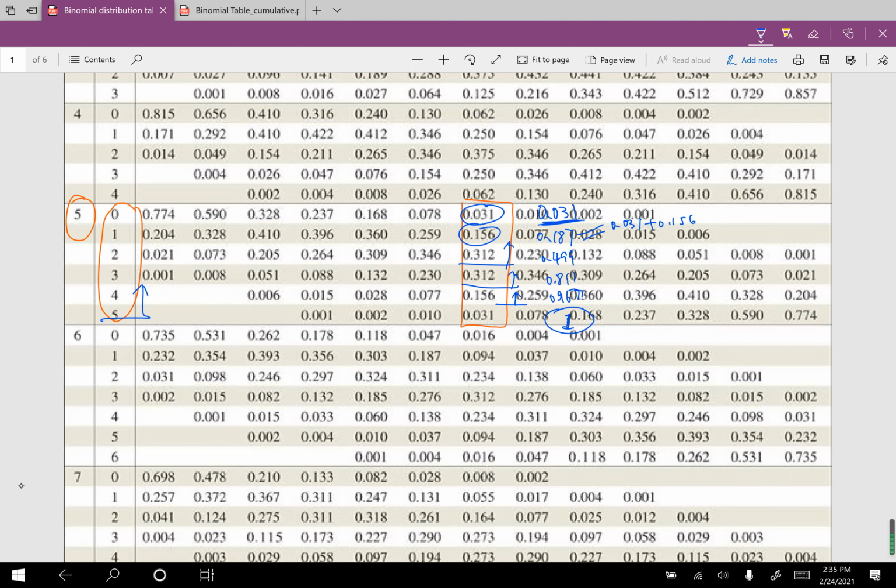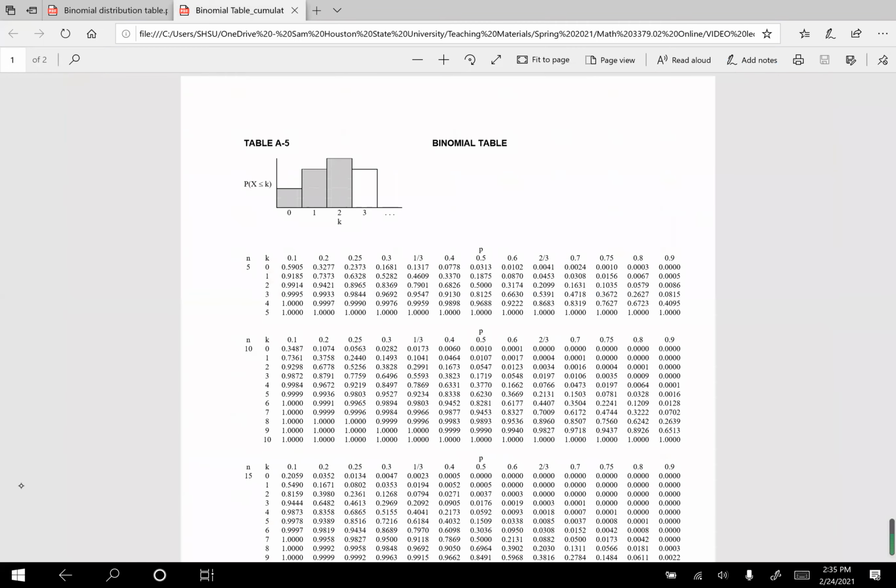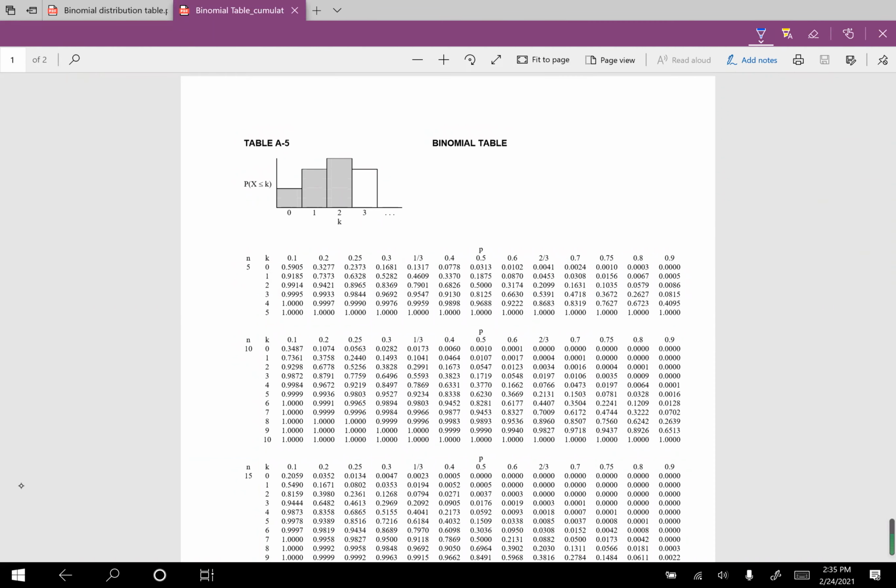So let's remember those numbers and compare with the table we have here, the cumulative binomial table. n equals 5, p equals 0.5. Those are the values we have. Instead of using x, we use k. k means up to that value. So let's say this value, 0.8125, k equals 3.